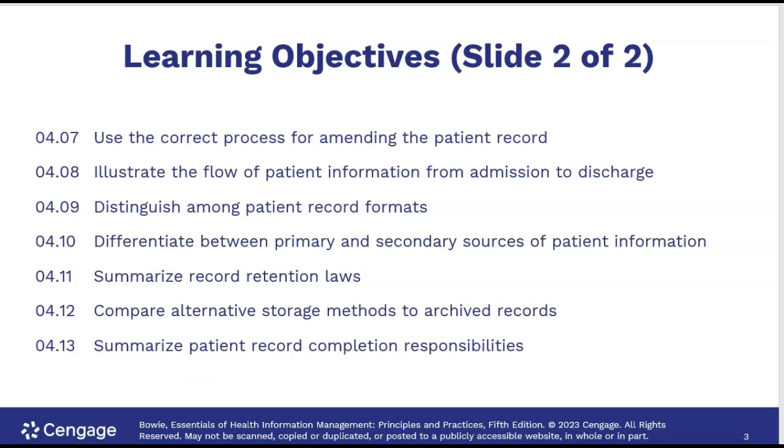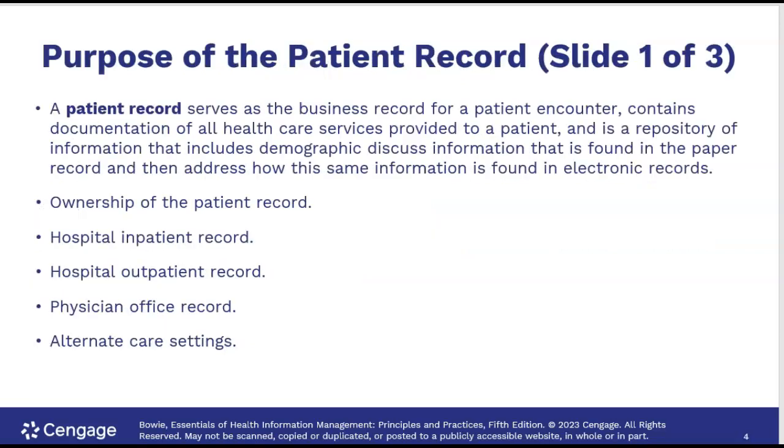We will also discuss current process to amend that record, the flow of the patient information, distinguish among patient record formats, differentiate between primary and secondary sources, summarize retention laws, alternative storage methods, and summarize patient record completion.